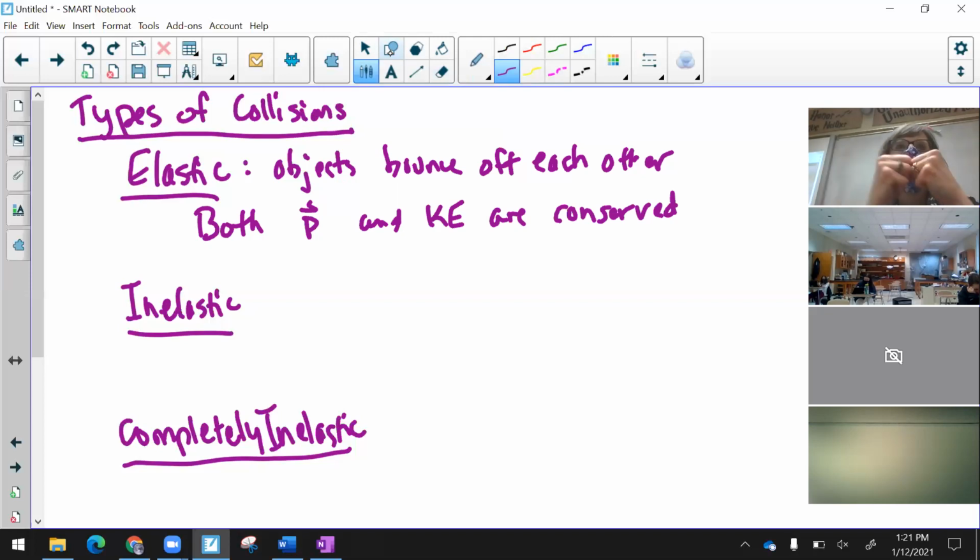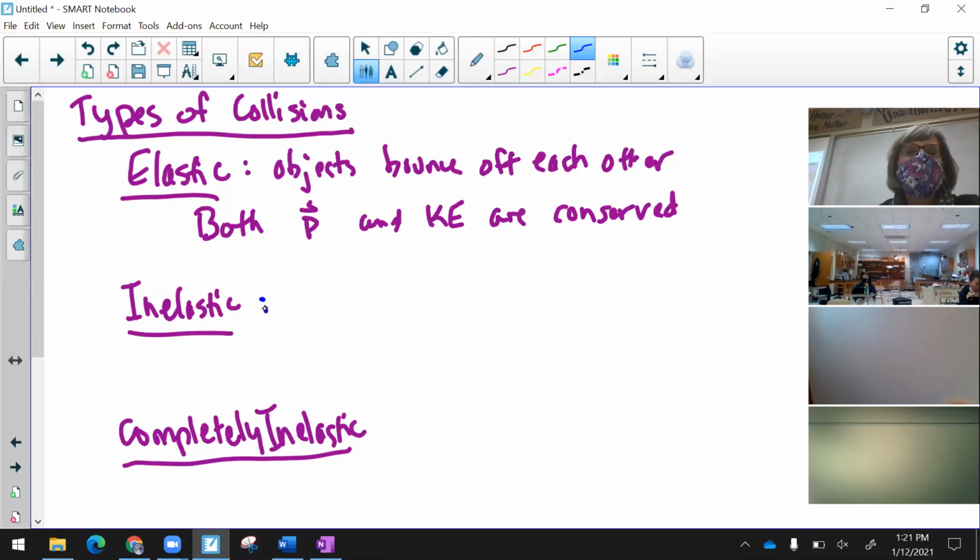So cue balls bouncing off each other, those are elastic collisions. Probably not perfectly, because there ends up being too much friction, but in theory, yes.